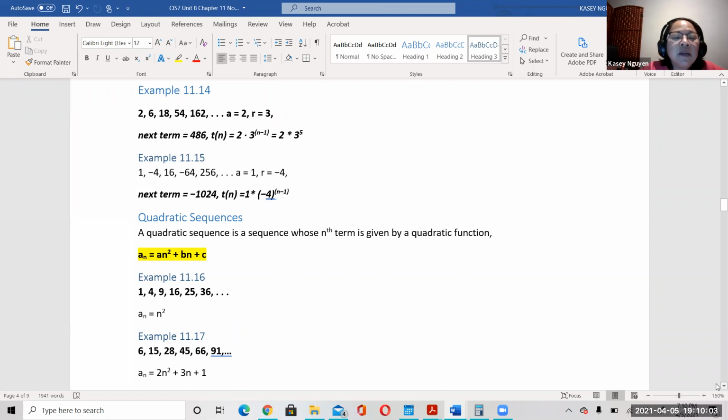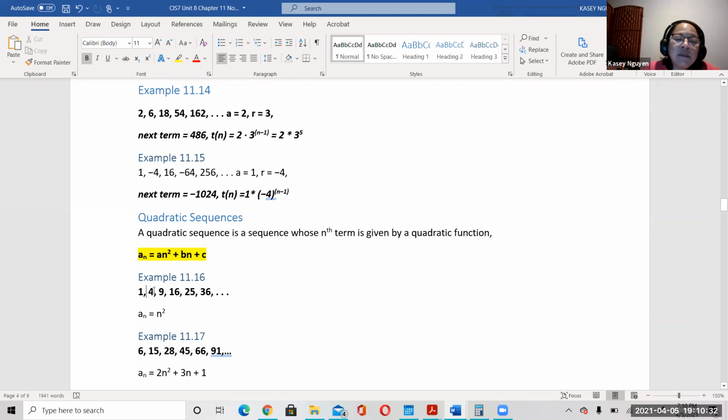On this one, the equation for quadratic sequence is a of n is equal to a times n squared plus b times n plus c. So when we're looking at the examples 11 through 16, we have 1, 4, 9, 16, 25, 36.